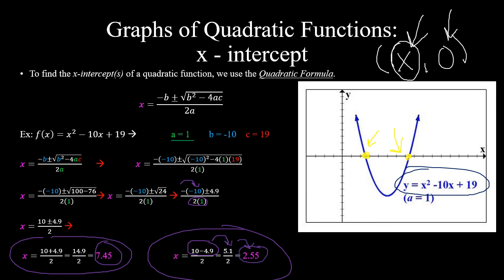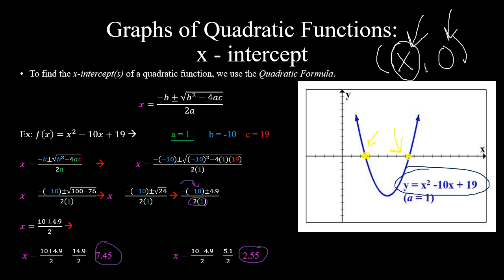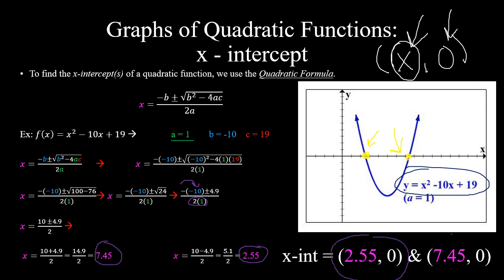So there's the x value of my other x-intercept. So now I've found both x values for my x-intercepts, you guys. 7.45, 2.55. So that means that I have x-intercepts at the points (2.55, 0) and (7.45, 0). And again, if we look at our graph, that should make a lot of sense. That should be pretty clear.